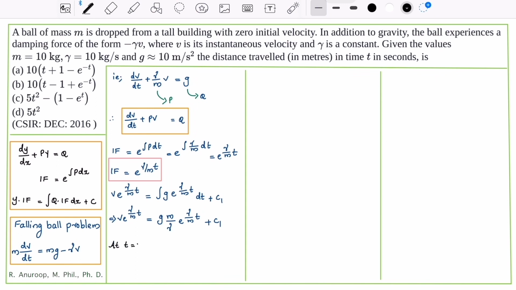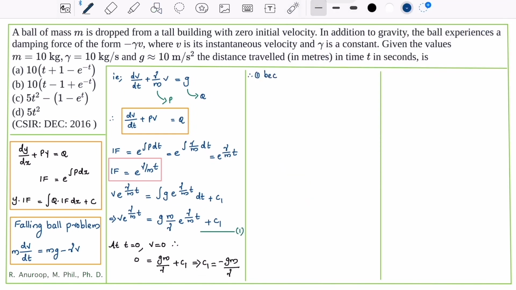Now at t equal to 0, the velocity is equal to 0. This implies that 0 is equal to gm by gamma plus c1, or c1 is equal to minus gm by gamma. Now substitute the value of c1 in equation number 1.